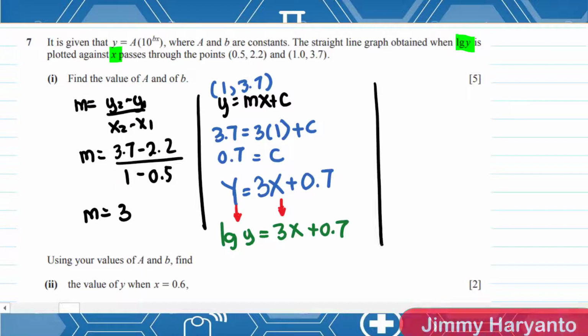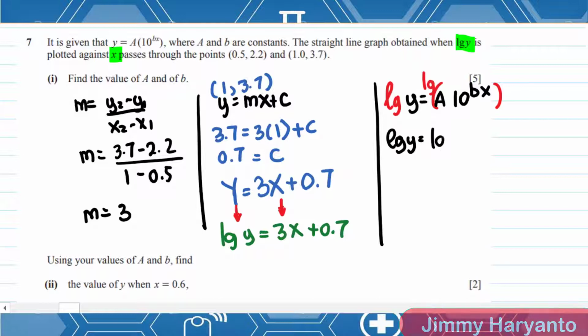Okay, to find a and b, we have to change the form of the equation, y = a times 10 to the power of bx, using LG. So we put LG on the left and then LG on the right. After that, LGY equals LGA, and then this one has multiplication, so it will be plus LG 10 to the power of bx.